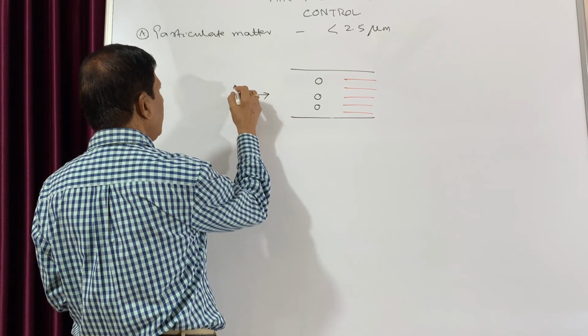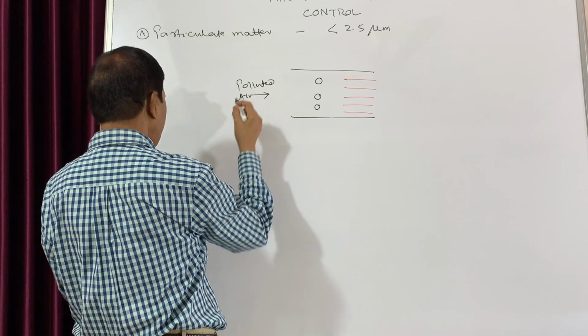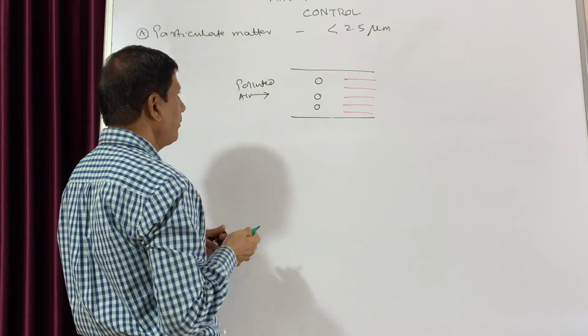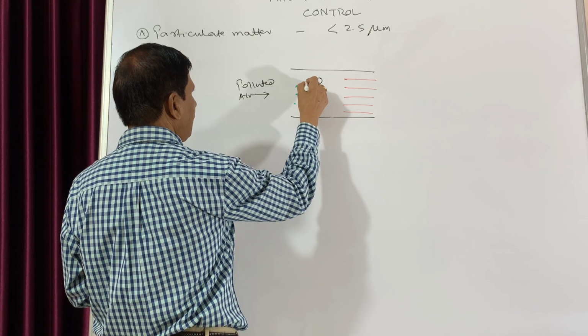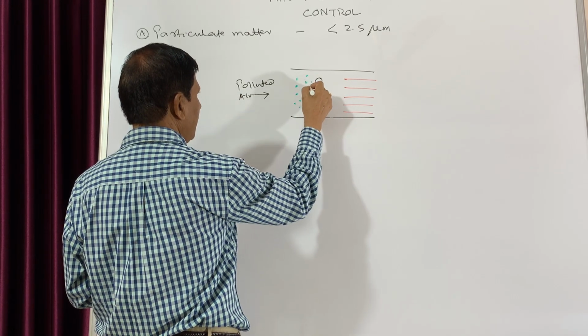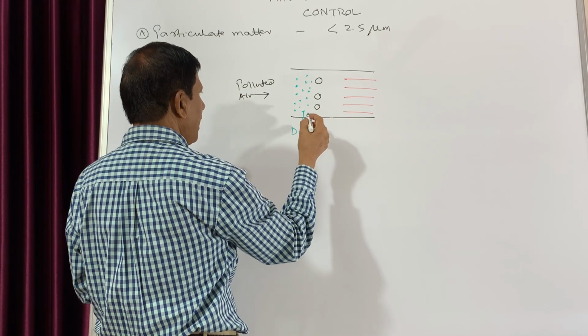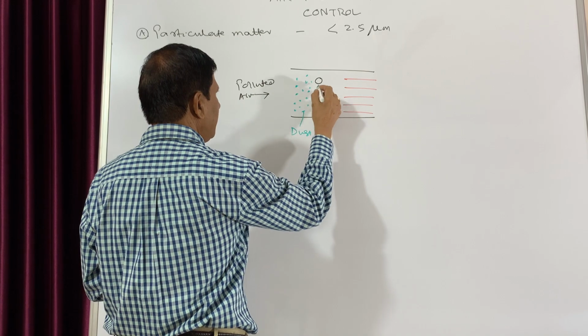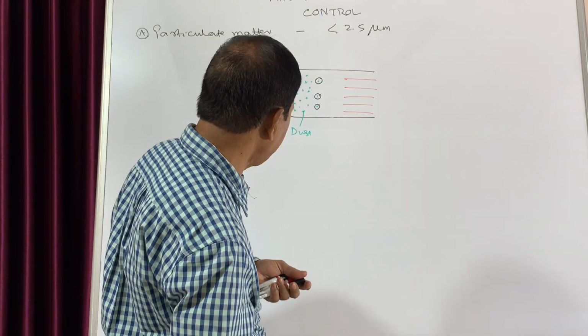When the polluted air passes through it, the particulate matter, or we can say dust particles, are present. These are the dust particles and these are the corona of electric charges.